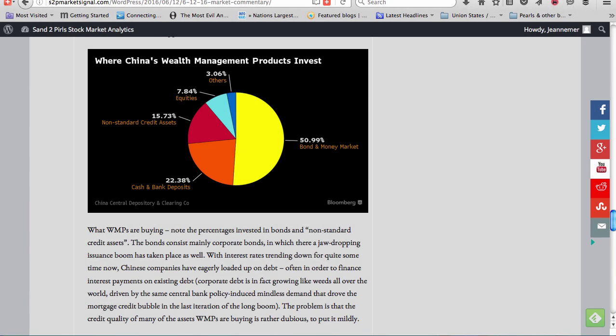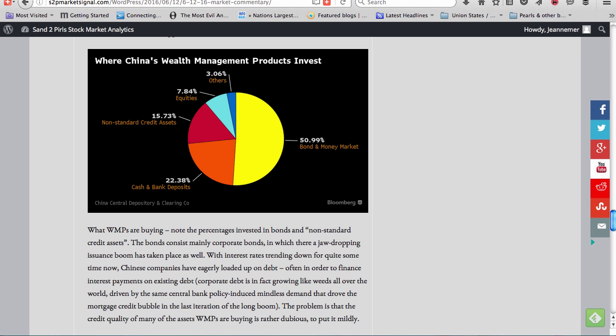What are WMPs buying? Note the percentages invested in bonds and in, quote, non-standard credit assets, end quote. The bonds consist mainly of corporate bonds, in which a jaw-dropping issuance boom has taken place as well. With interest rates trending down for quite some time now, Chinese companies have eagerly loaded up on debt, often in order to finance interest payments on existing debt.